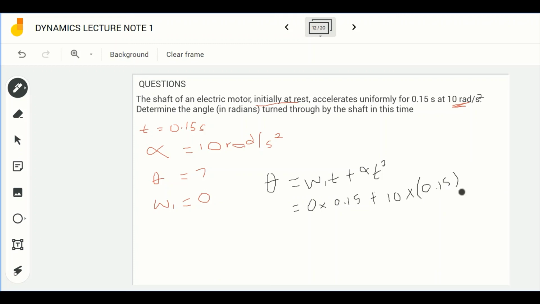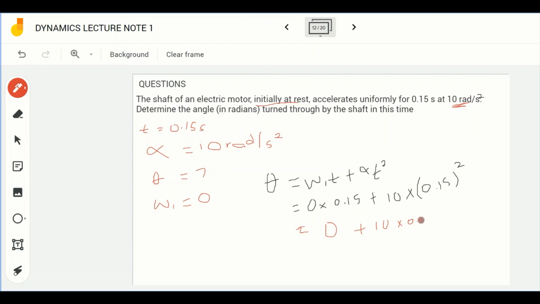Therefore, my answer is what? 0 times 0.15 is 0, plus 10 times 0.15 squared. 0.15 squared gives us 0.0225.